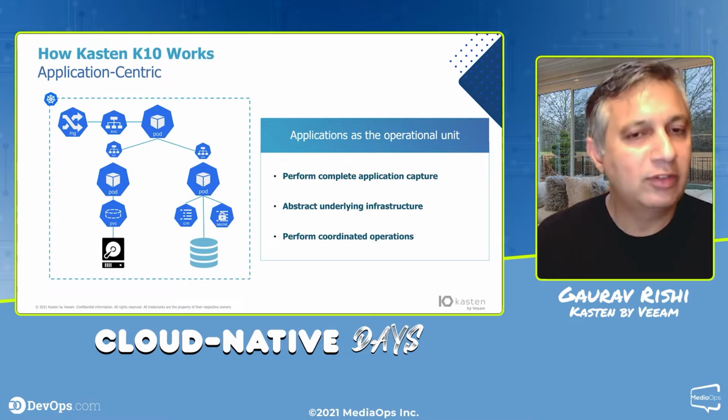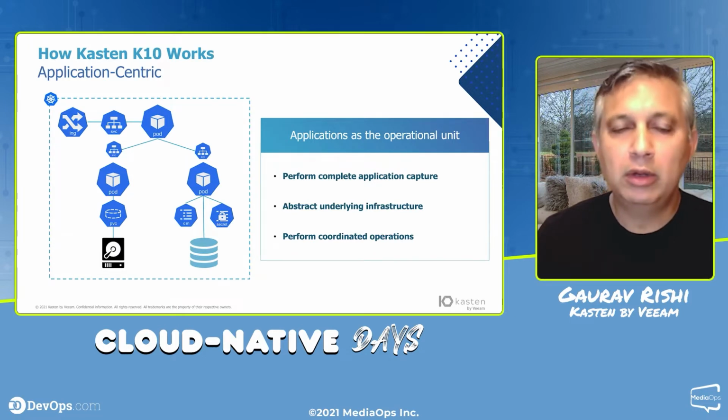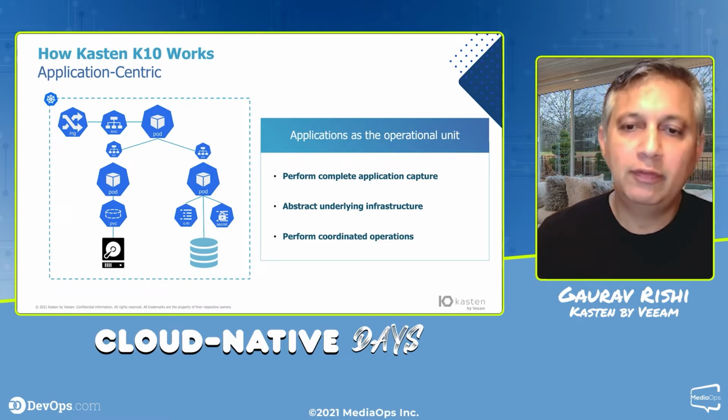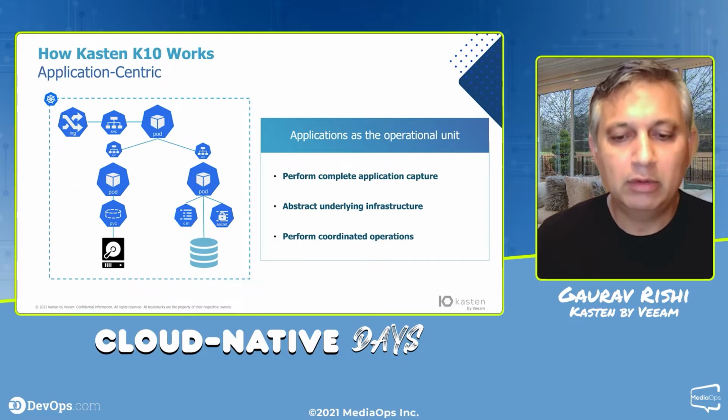When you create policies to be able to back up hundreds of applications that you might have in your environment, you can create this automation scheme where the backup can be also put into an object store like Amazon S3, abstracting away your underlying infrastructure so that when you want to restore in a different environment, you can do it seamlessly. And I talked about transforms in the previous slide that come into effect too. And all of this can be done in a coordinated fashion.